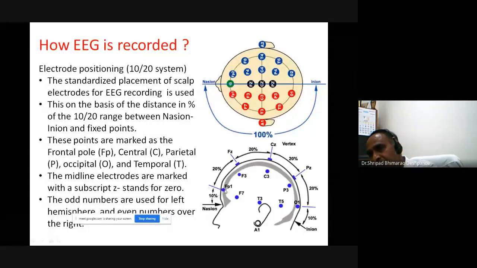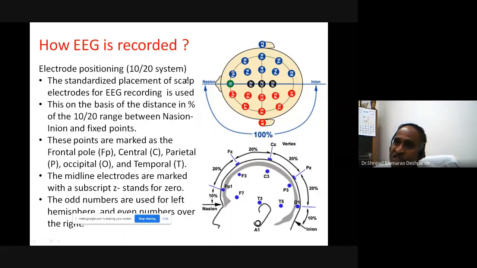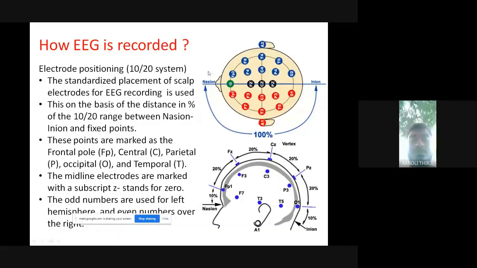At 10% distance, FP1 is given, then F7 is here, then T3 is here, then T5 is here, then O1 is here. So now you have these placements of the electrodes. It appears very weird and very confusing to us, but it will be made much easier when I show subsequent figures.